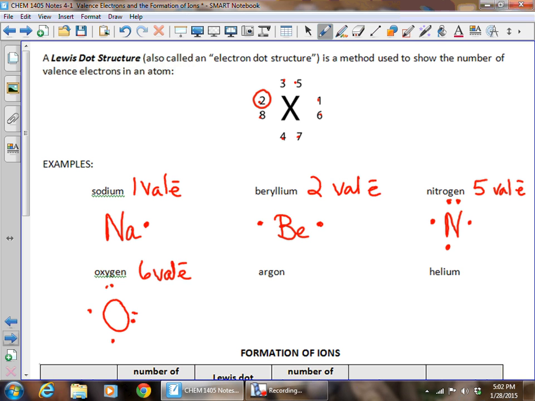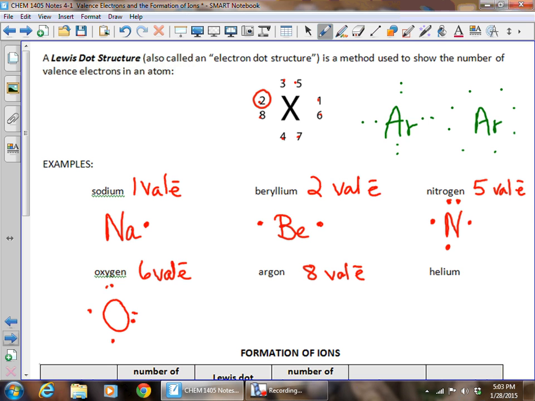Finally, I have seen all kinds of weird things drawn for these. Argon has 8 valence electrons. And I have seen, don't write this down because it's wrong, people write a nice little pretty star like this. I've seen people write just 1, 2, 3, 4, 5, 6, 7, 8.